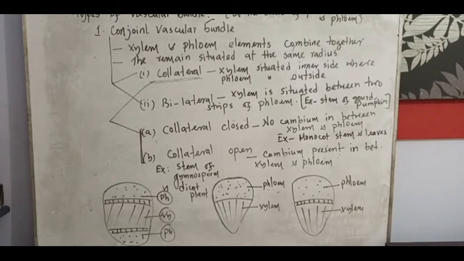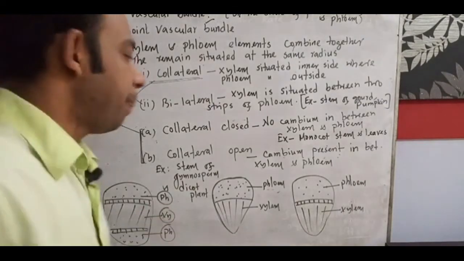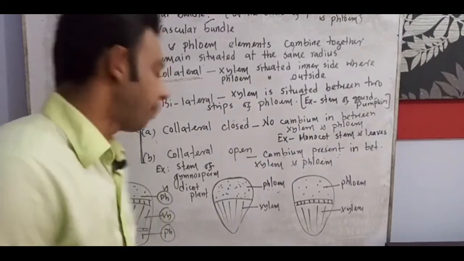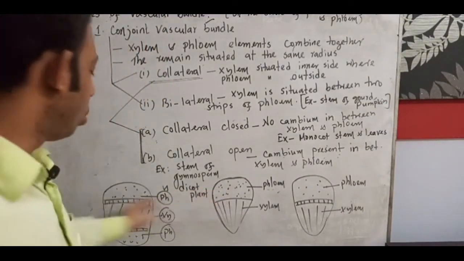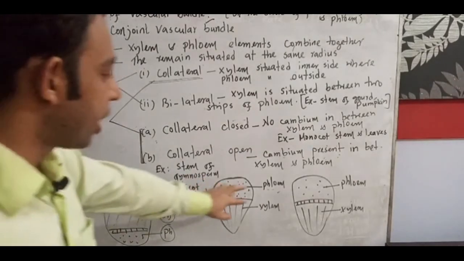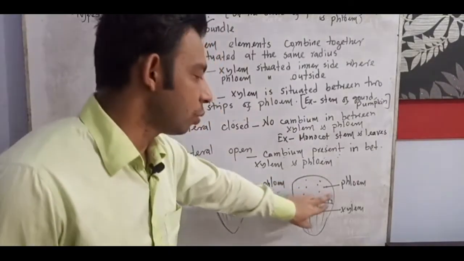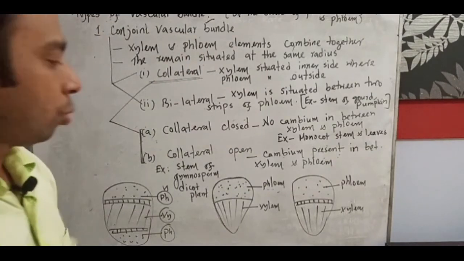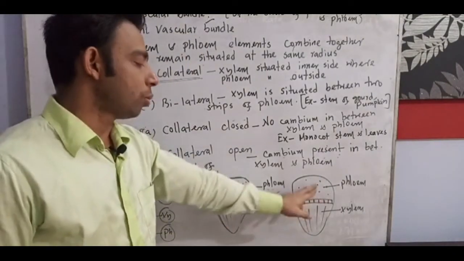Yes, Sabrina Hussain, you asked me, what is cambium? Cambium is actually for the secondary growth of the plant, and those strips can separate xylem and phloem. That means the cambium strip can separate the two vascular bundles.